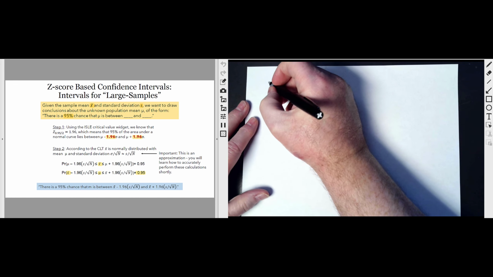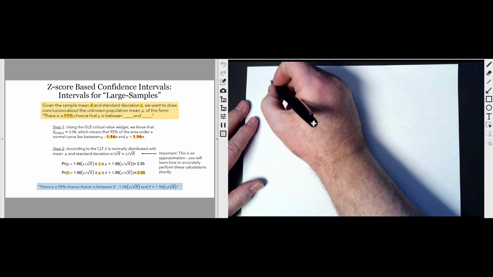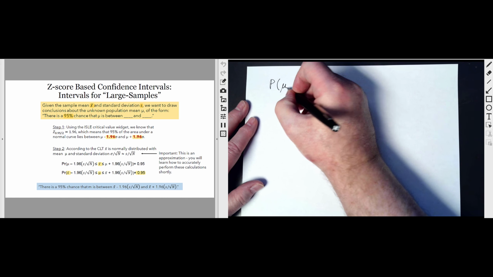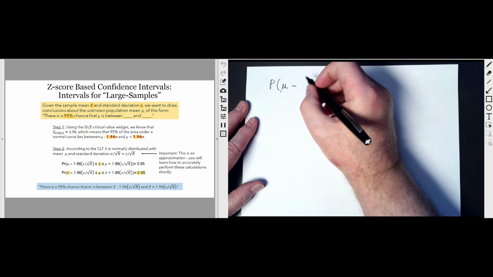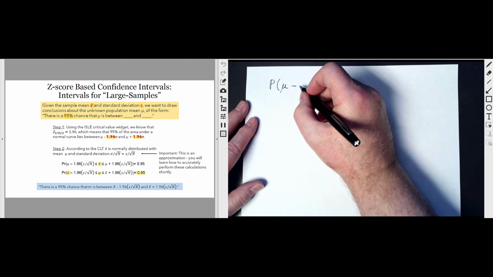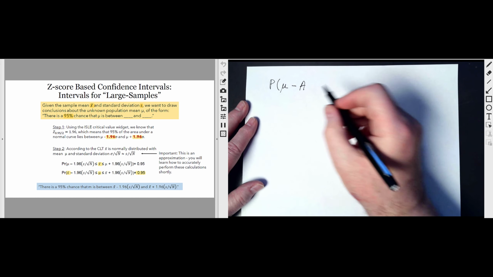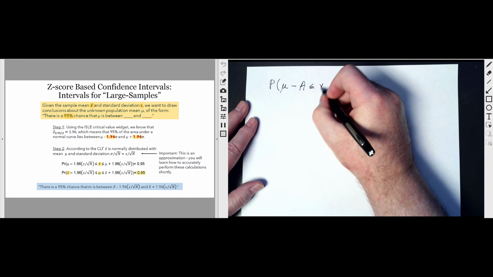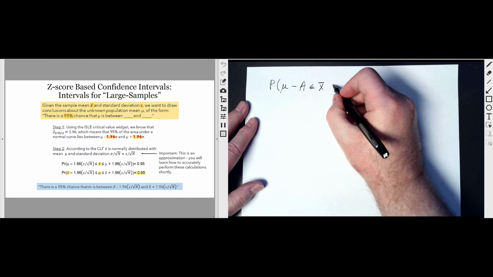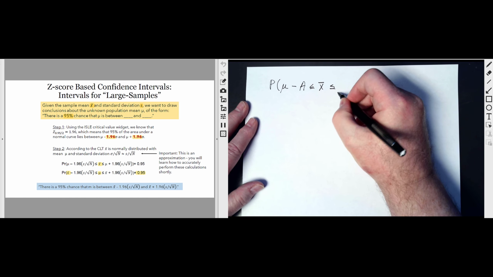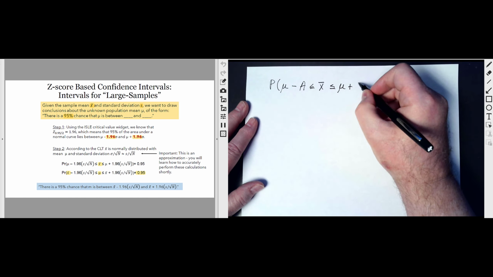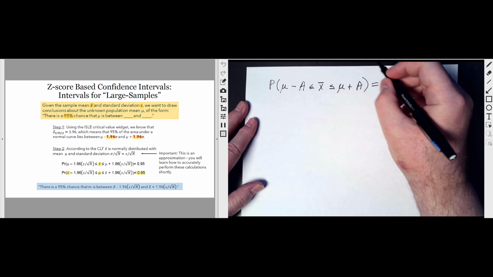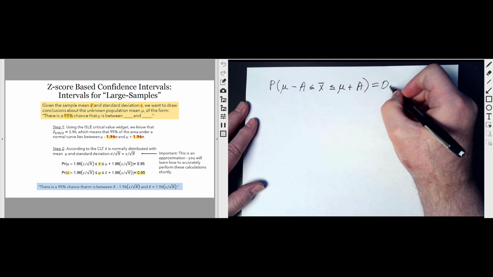We have the statement that the probability of the population mean minus some interval, I'm going to call it A, is less than or equal to the sample mean, which in turn is less than or equal to the true population mean plus that same interval, that probability is 0.95.